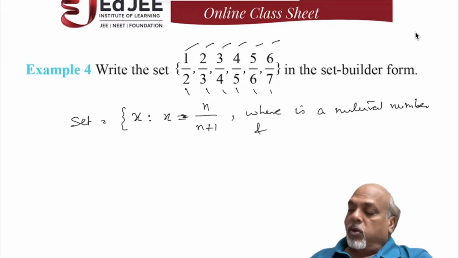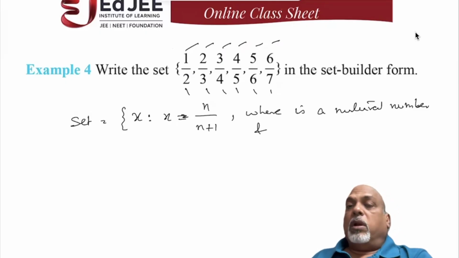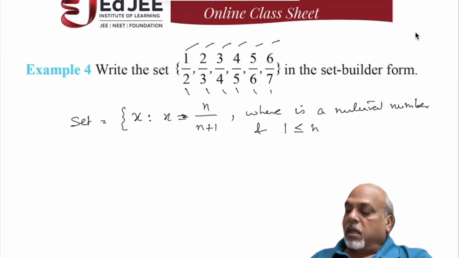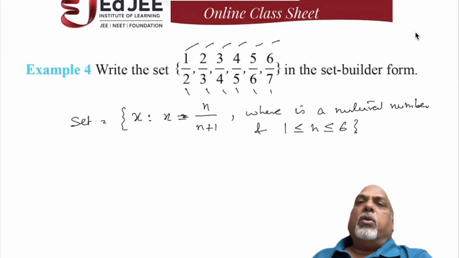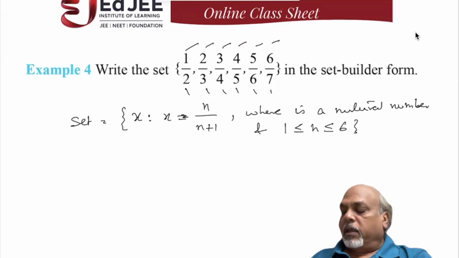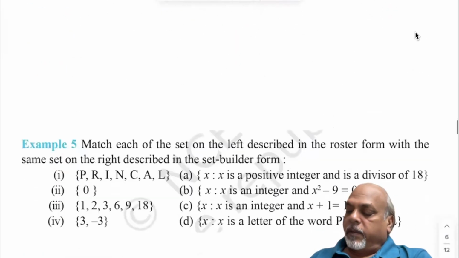And also one more thing: here no dot dot dot is there, that means it is a set with finite elements. Here actually the numerator ends at 6, so we can write 1 is less than or equal to n is less than or equal to 6. You have to take care of this while writing things in set builder form. Correct?